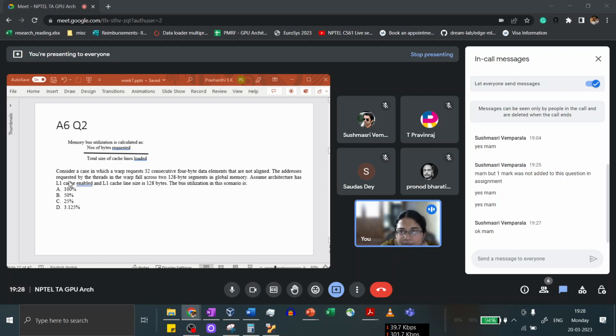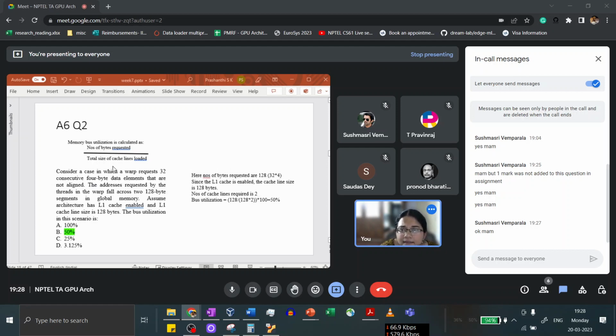Assume the architecture has an L1 cache enabled and L1 cache line size as 128 bytes. The bus utilization in this scenario is 100, 50, 25, 3.125. So this is the question. The answer was 50%.